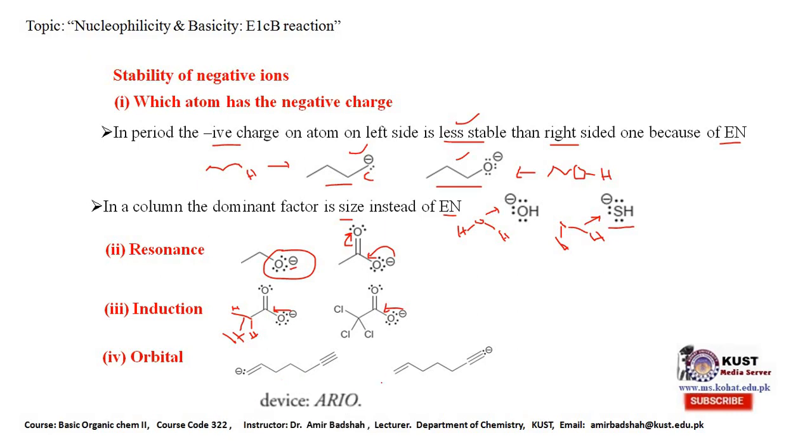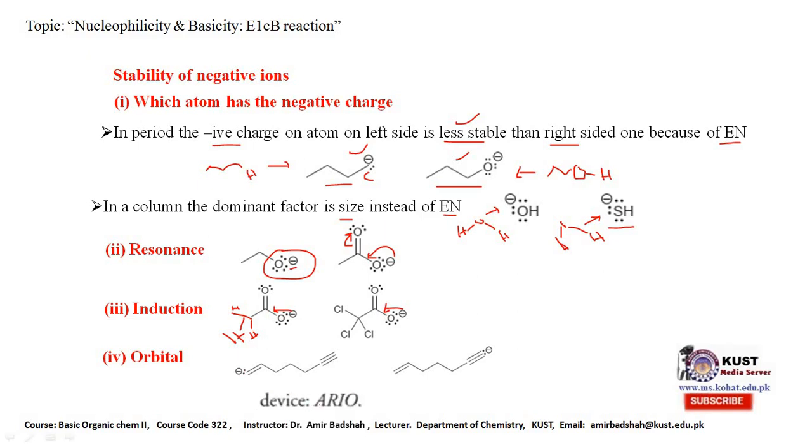So that's why this species is more stable compared to this species, because here the negative charge is present on the sp carbon and here the negative charge is present on the sp2 carbon.